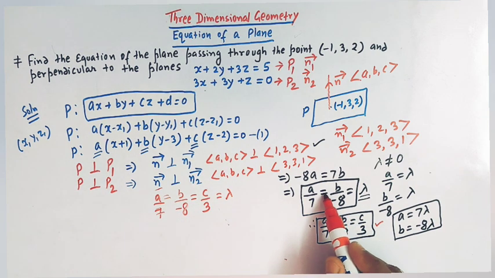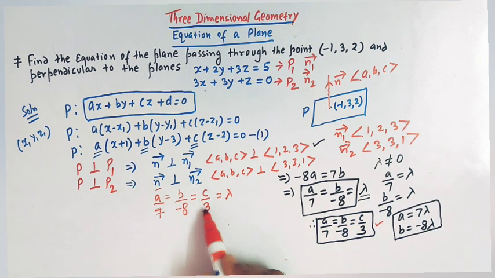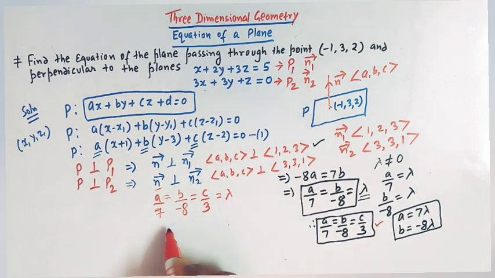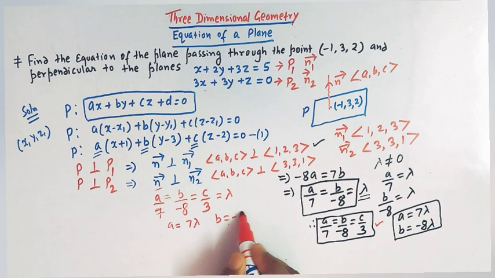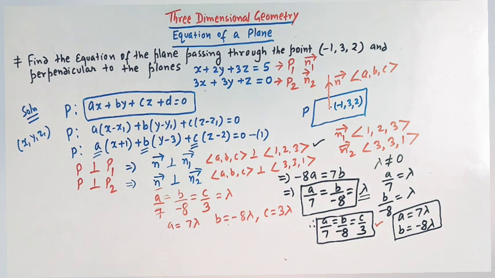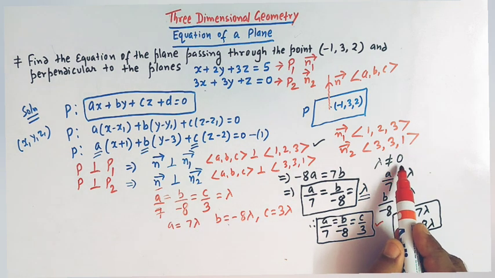Because A over 7 is equal to lambda, B over minus 8 is lambda, and C over 3 was also equal to lambda, right? So from here we can write A is equal to 7 lambda, B is equal to minus 8 lambda, and C is equal to 3 lambda, right? Where lambda is some scalar quantity and that is not equal to 0.